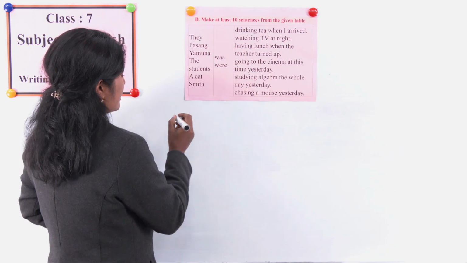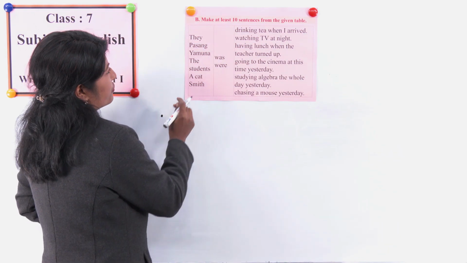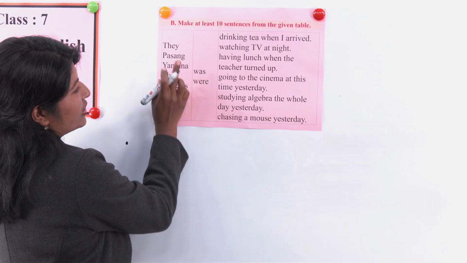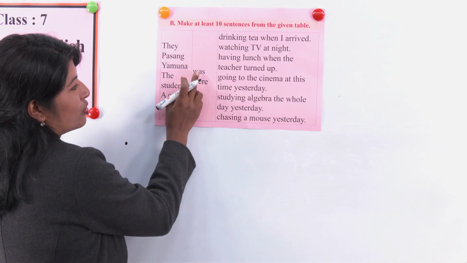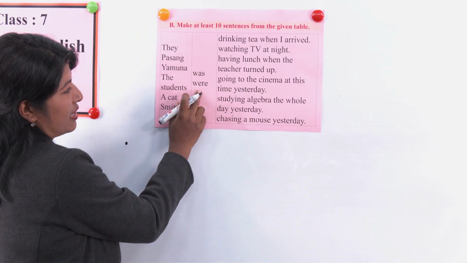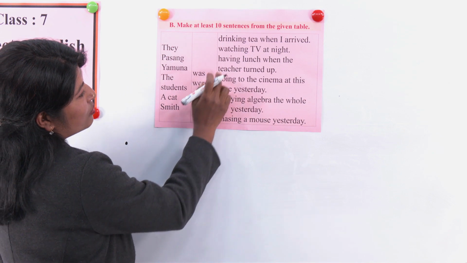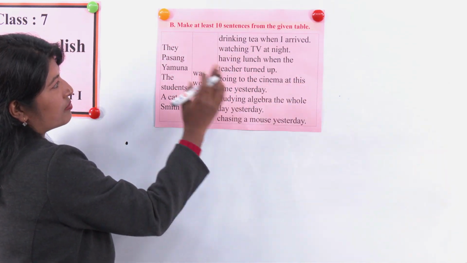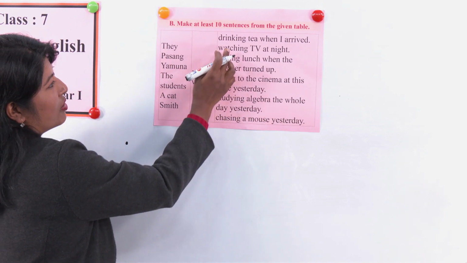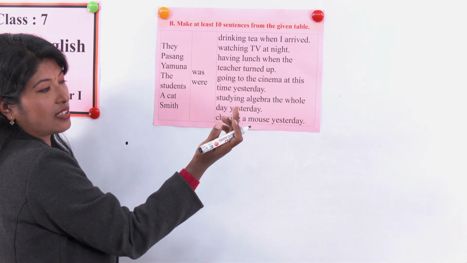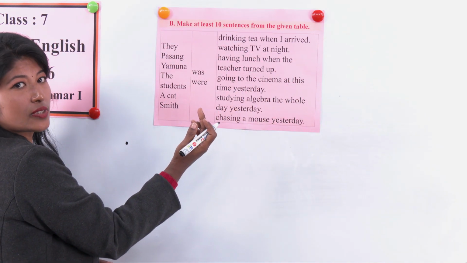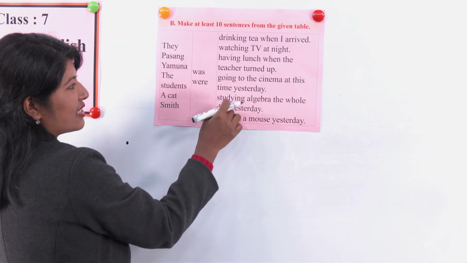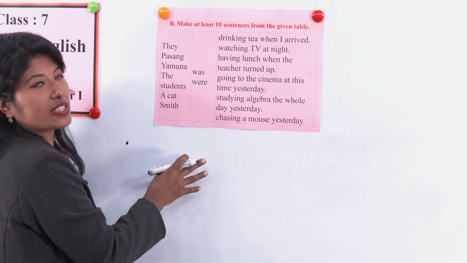Like, okay, let me do 'they'. With 'they', of course, we do not use 'was'. We don't say 'they was', we use 'were'. So they were, and one of the clues from here is drinking tea when I arrived. It's fine, right? Or watching TV at night. Any of the suitable points we take.